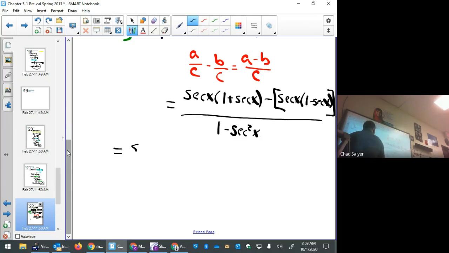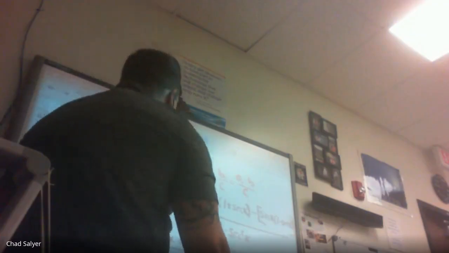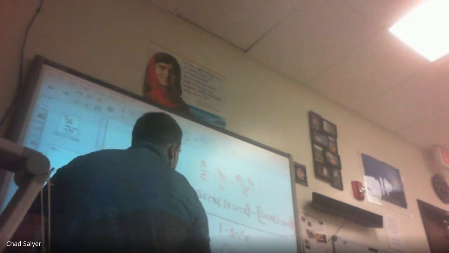So I'm going to distribute here. Secant x times 1 is secant x. And then secant x times itself is secant squared x, minus. And then secant x times 1, minus secant x times itself. And then that's 1 minus secant squared x as the denominator.